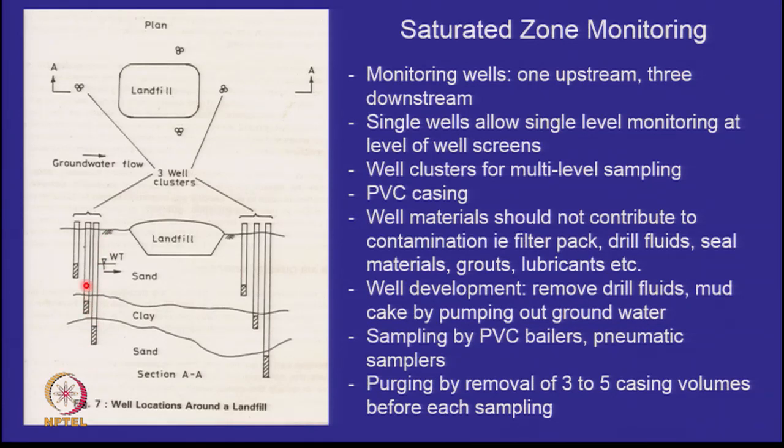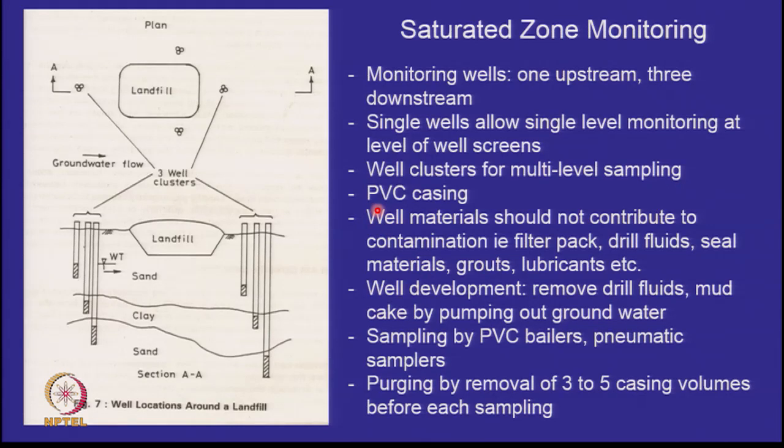We will revisit this, but at the moment we recognize that wherever there is the screen, that's where the water can be collected from, and you can use a cluster of wells if you want to do monitoring at different levels. So 1 upstream, 3 downstream; single wells allow a single level of monitoring at the level of well screens. Well clusters allow multi-level monitoring.